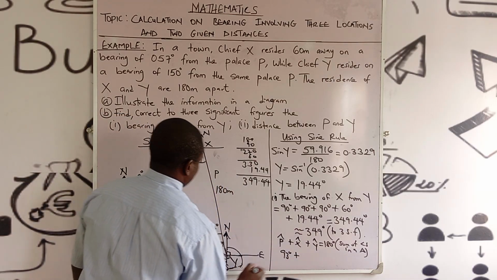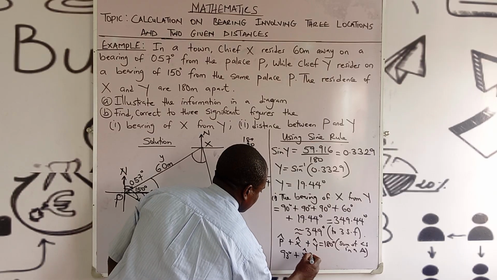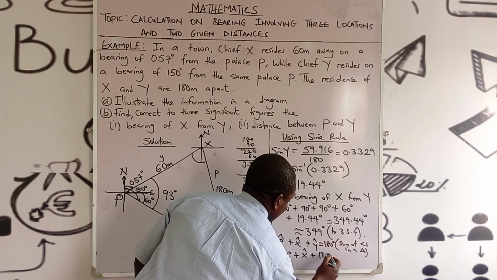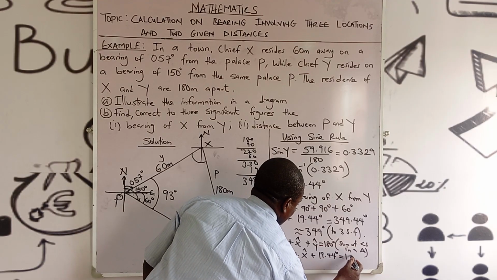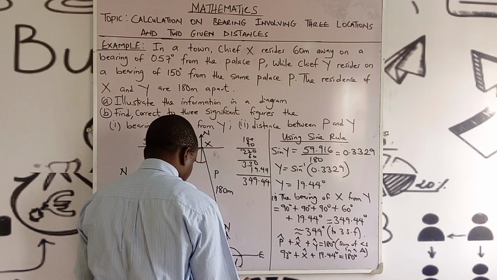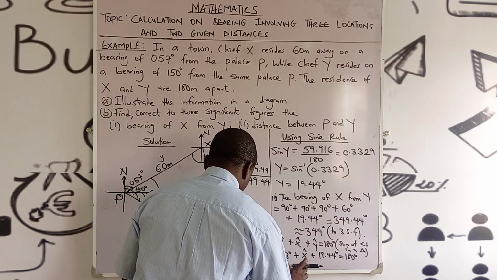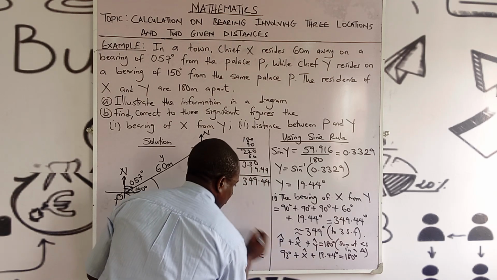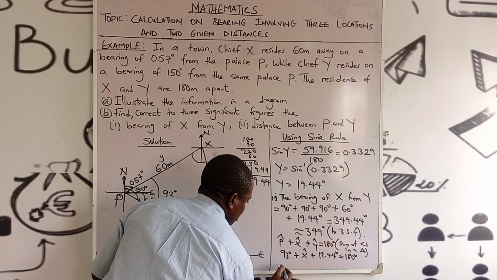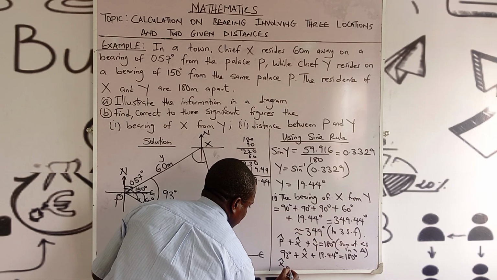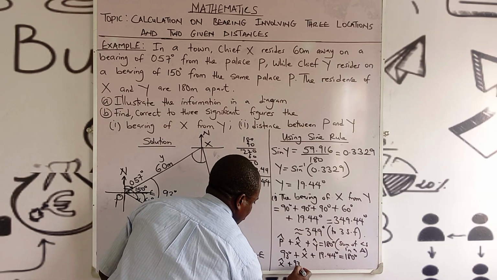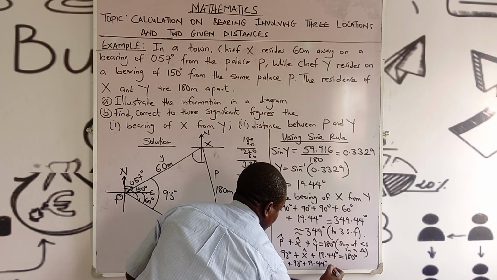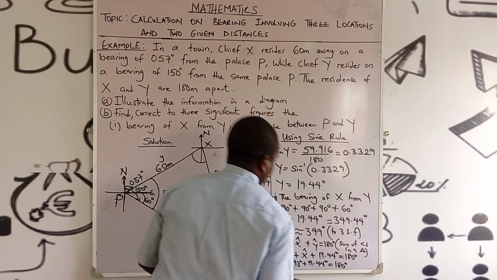Angle x, that's what you need, plus angle y, that's 19.44 degrees, equals 180 degrees. Let's collect the like terms: angle x plus 93 degrees plus 19.44 degrees equals 180 degrees.